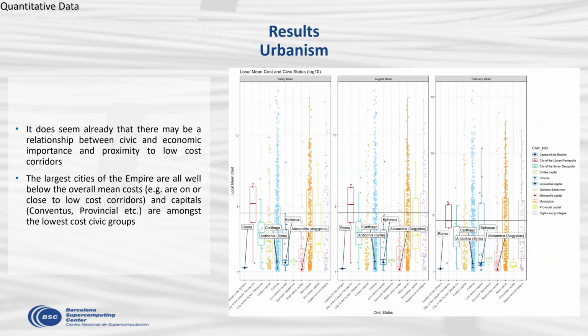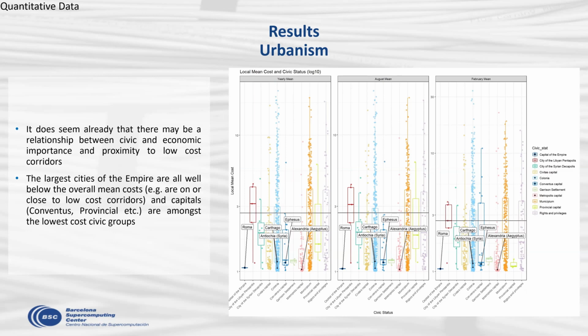But already with this, there seems to be some relationship between these low-cost corridors and the civic or economic importance of the cities. We have some of the biggest or most economically important centers in the Roman Empire: Rome itself, Carthage, Alexandria. These all have very low costs, so are very close to these routes.